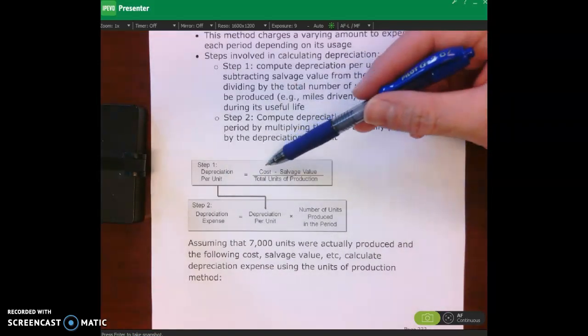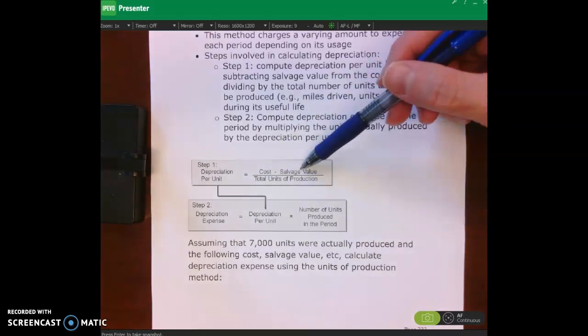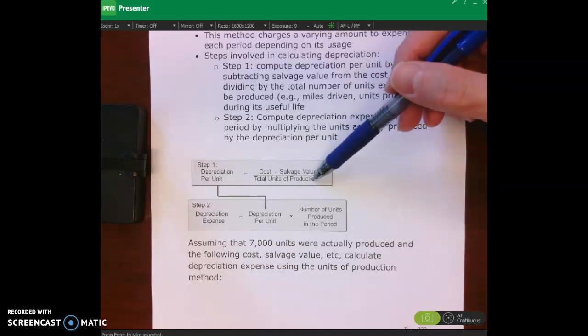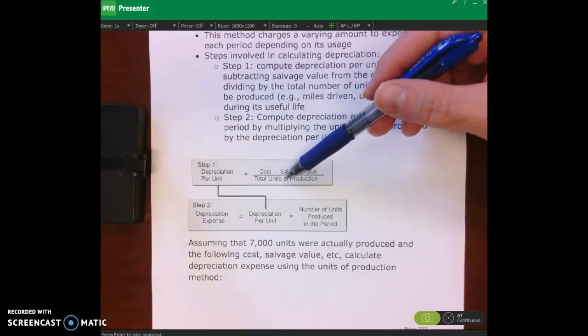So if I have my truck at $11,000, and then a salvage value of $1,000, right? That gives me my depreciable cost of $10,000, and then I think I'm going to drive it 100,000 miles. Well, then what I have is depreciation expense per mile of 10 cents, right?